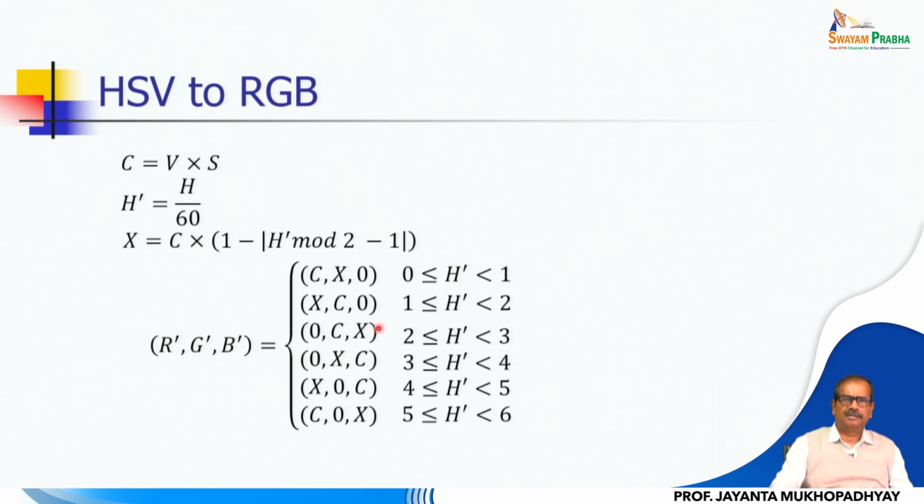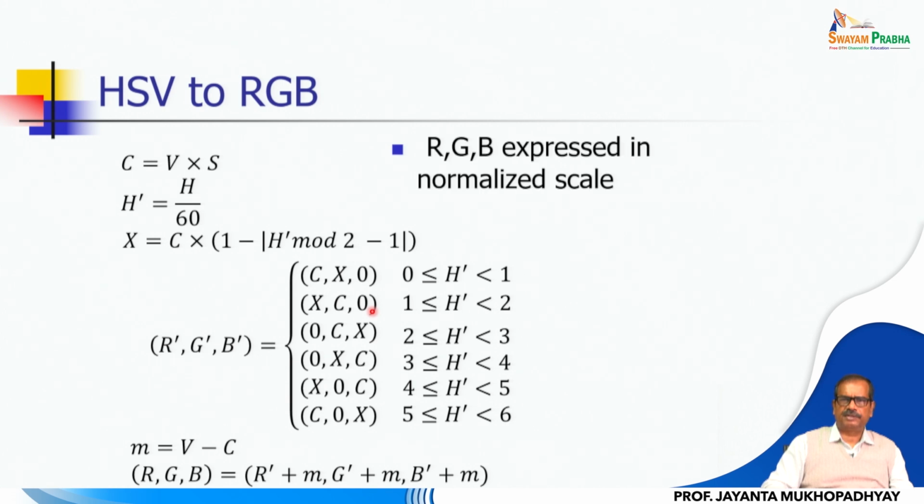Then from there, it's basically a hexagonal representation of the color wheel, an angular representation of hues. These are points on the hexagon, and depending upon the value of H prime you choose those. Finally, the RGB values are computed in this fashion. So mathematically you can show how it corresponds from the HSV space to the RGB space. And here also RGB is expressed in the normalized scale.